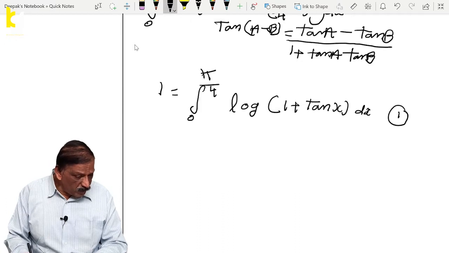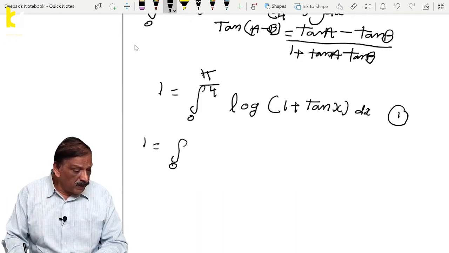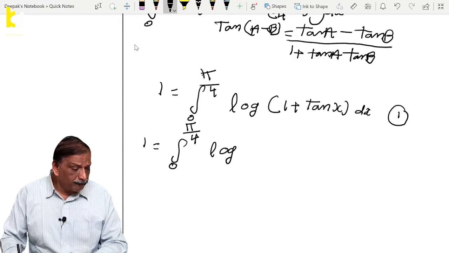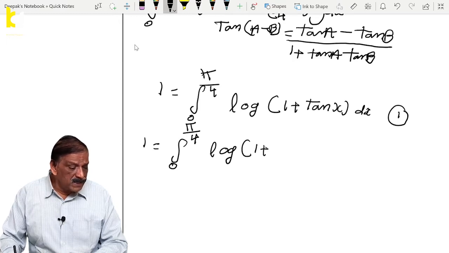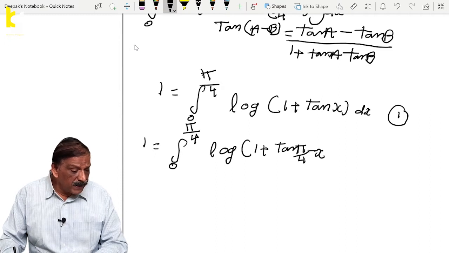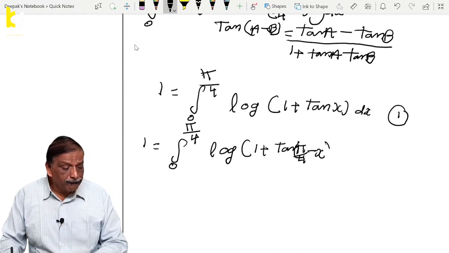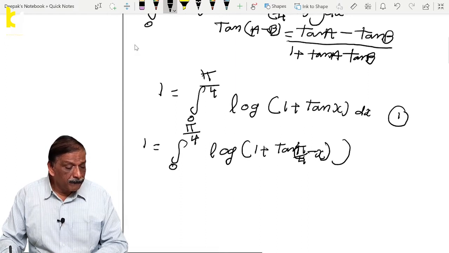Therefore, I is equal to integral 0 to pi by 4 log 1 plus tan pi by 4 minus x dx.